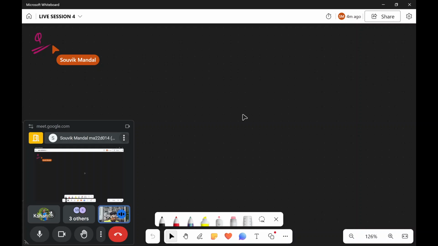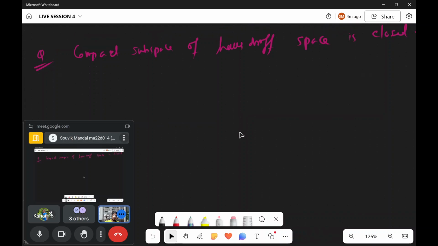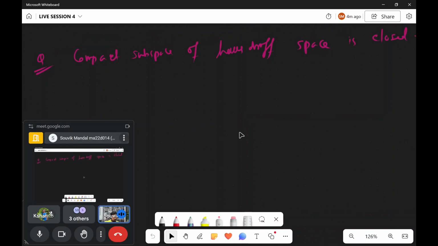Try to show the following. A compact subspace of a Hausdorff space is closed.